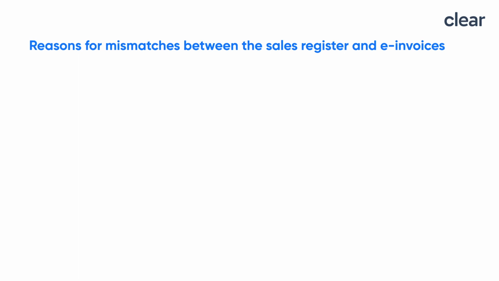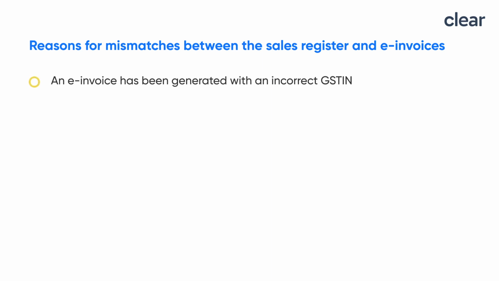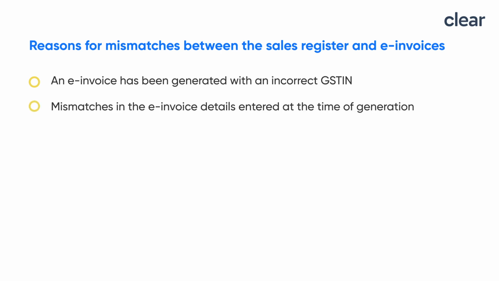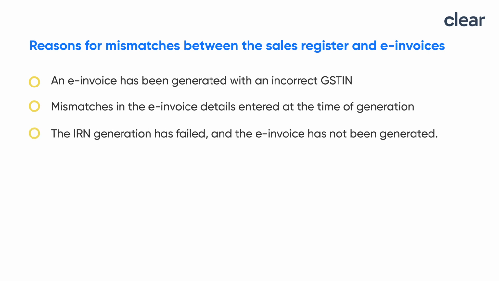Also, let me share some of the reasons for mismatches between the sales register and the e-invoices. An e-invoice has been generated with an incorrect GSTIN. Mismatches in e-invoice details entered at the time of generation. The IRN generation has failed and the e-invoice has not been generated.